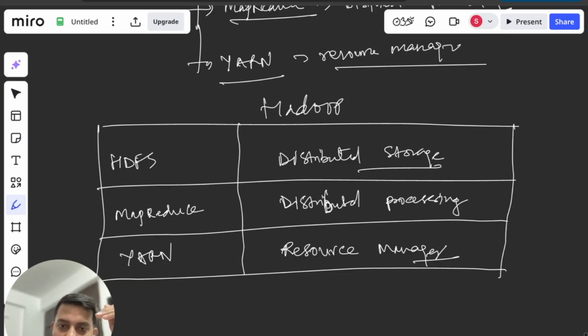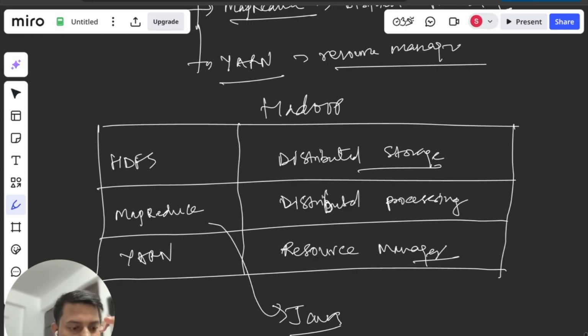Therefore, MapReduce became obsolete, and there were other alternatives that made things much easier, and we moved to those instead of using MapReduce. MapReduce code was in Java.